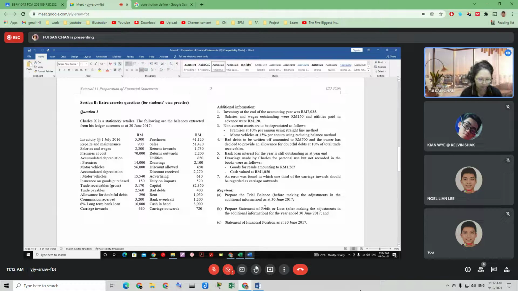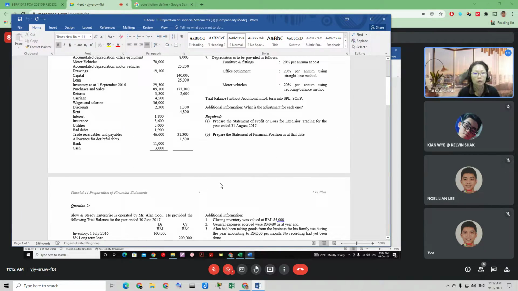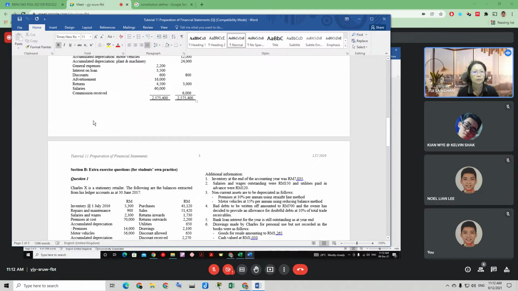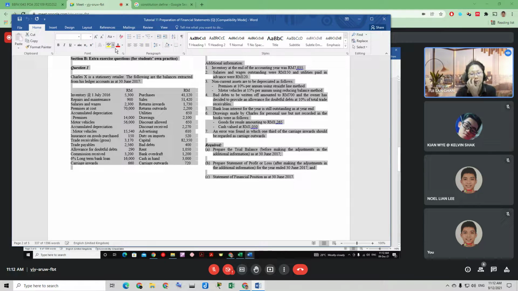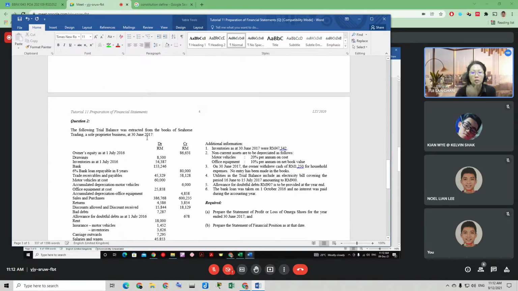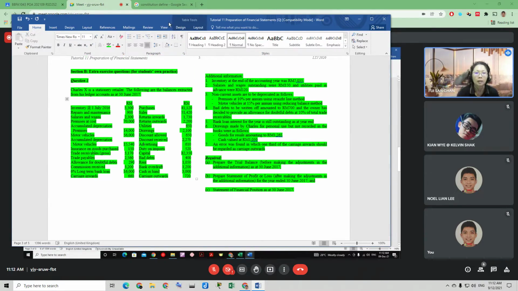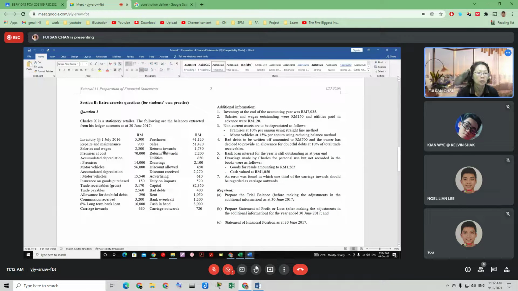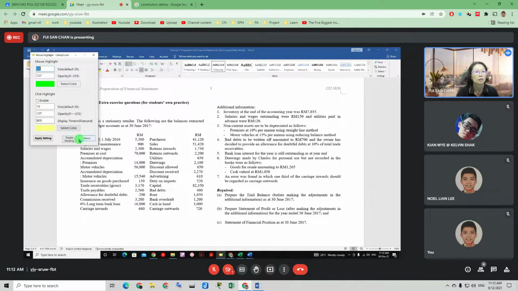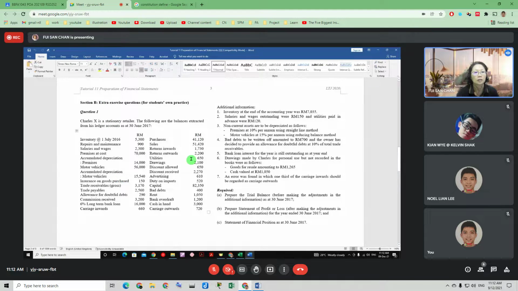Okay, so let me open the question and put it in front of you. Yeah, all right. This one asks you to do the trial balance before making the adjustment in the additional information. So when you do part A, you don't have to consider the additional information. You only need to focus on this part only.